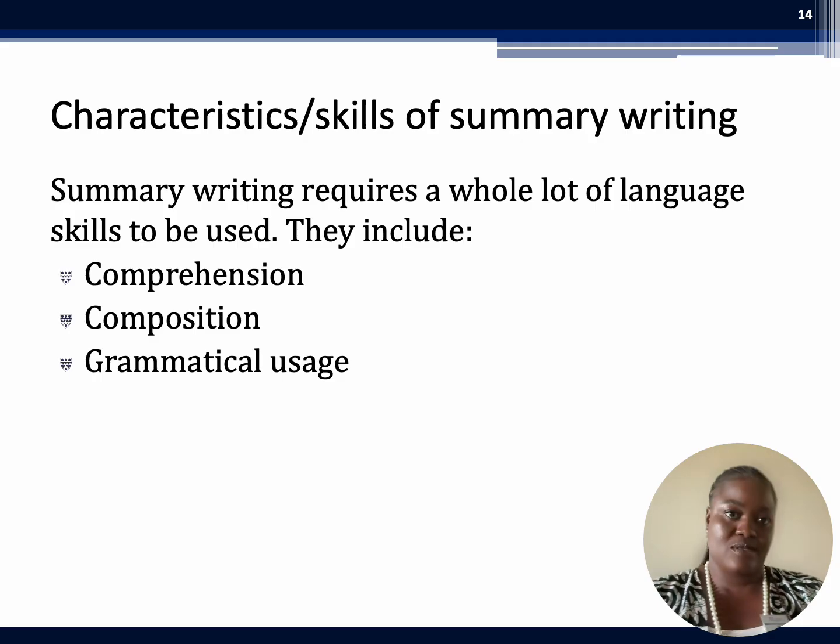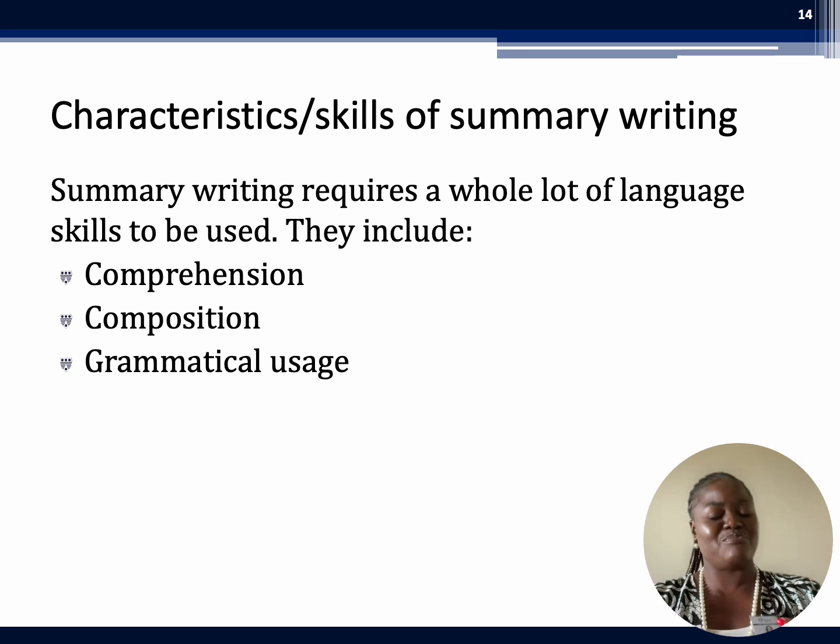Now, let me say it this way. Just think of summary writing like playing a musical instrument. I don't know how many of you in this class can play one, but if you can play a musical instrument, for example, the piano, you know that you need to coordinate multiple skills simultaneously to create something effective and beautiful that will be thrilling to the people who listen to you.